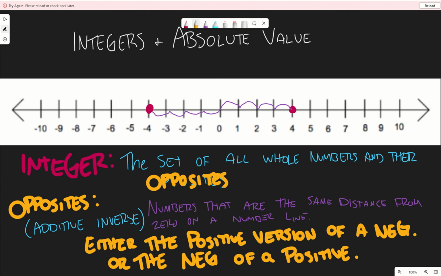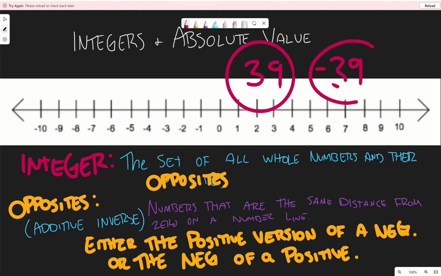So it's either the positive version of a negative number or the negative version of a positive number. So if I said I have the number 39, what's the opposite of 39? Well, this is the positive, so the opposite would be the negative. It would be -39. Those are the opposites.